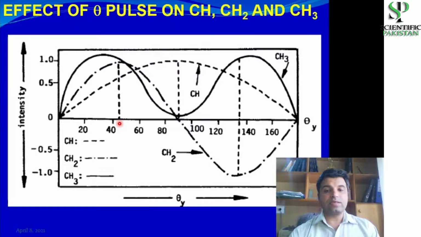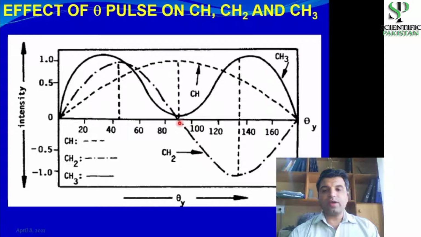So in depth 45, the CH is positive, the CH2 is positive, the CH3 is also positive. Quaternary carbons do not appear here. So in all depth experiments, you will not see any quaternary carbon.